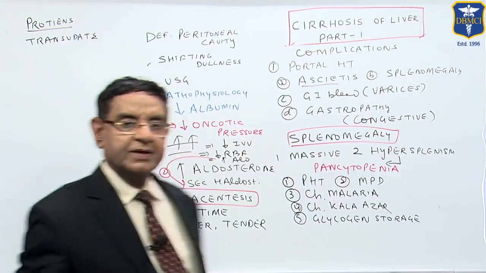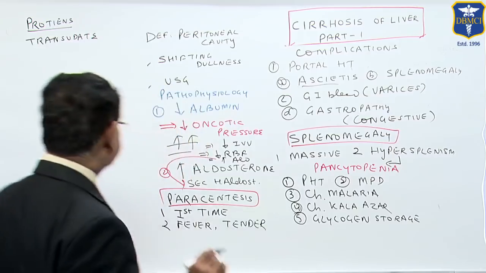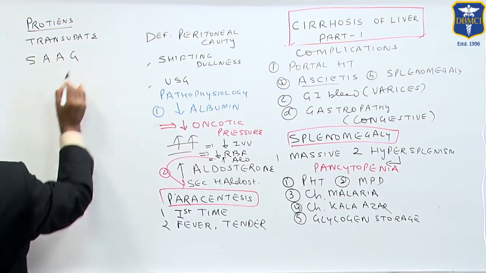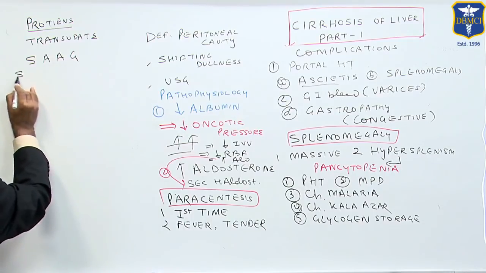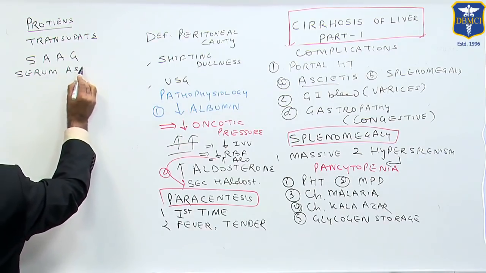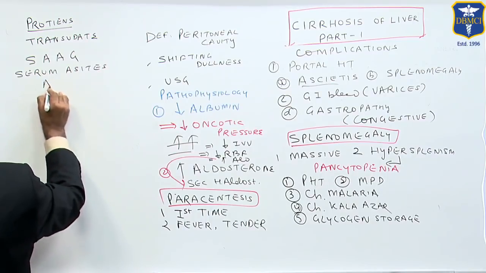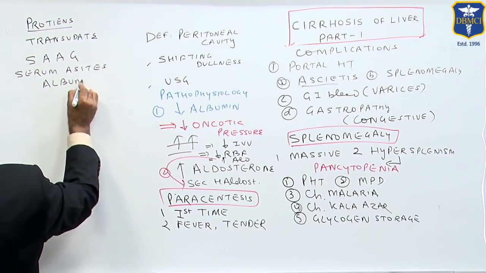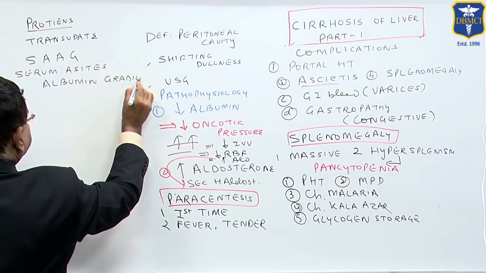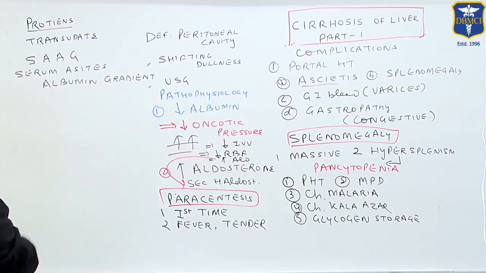We get it. But even more than the transudate, what is important is serum SAAG. That stands for serum ascites albumin gradient. How do we calculate SAAG?